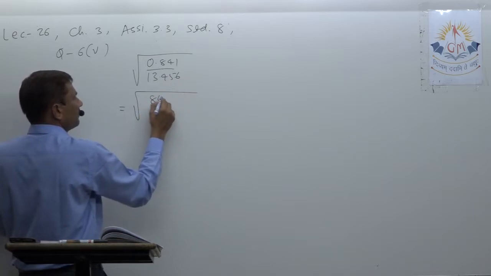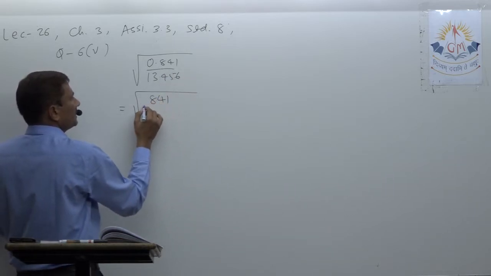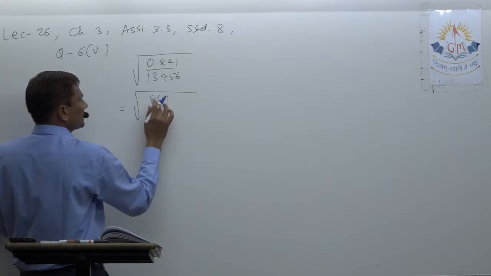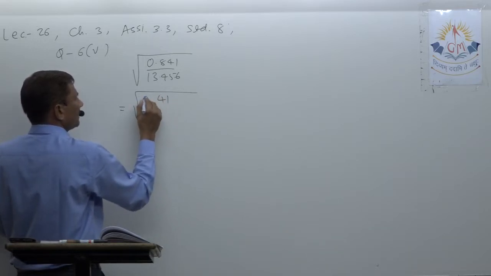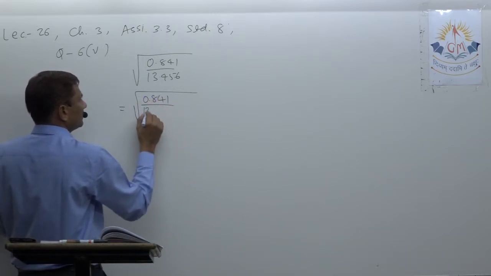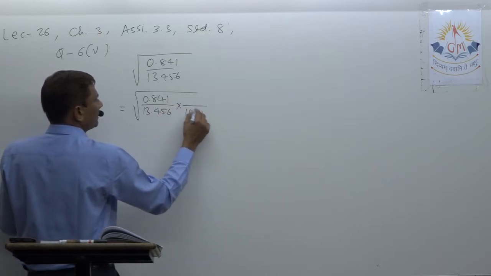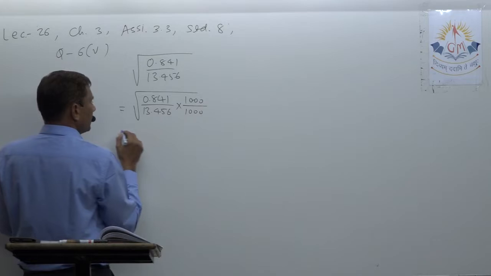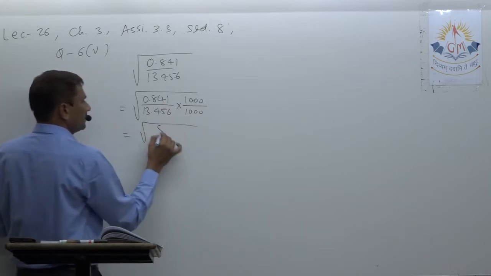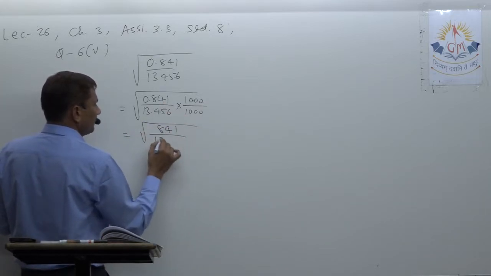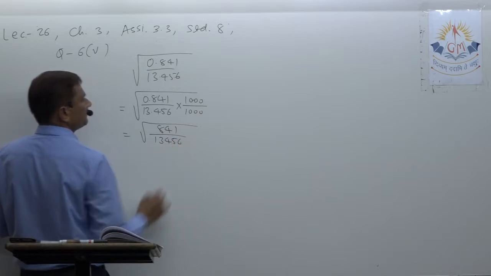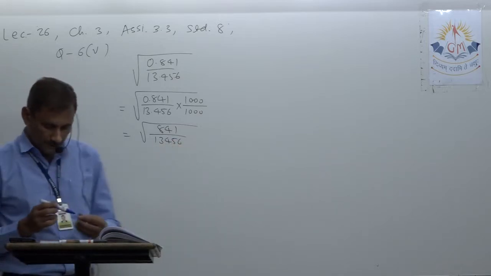I am multiplying numerator and denominator by 1000. Why? Because I don't want the point here. So 841 over 13456. Okay, so the point is removed.